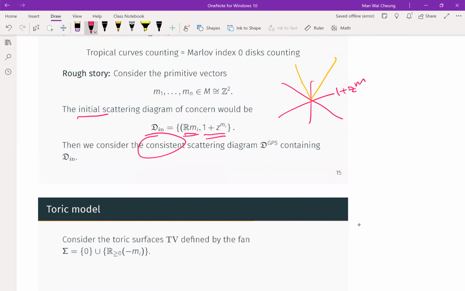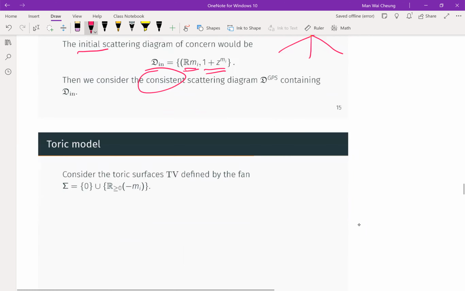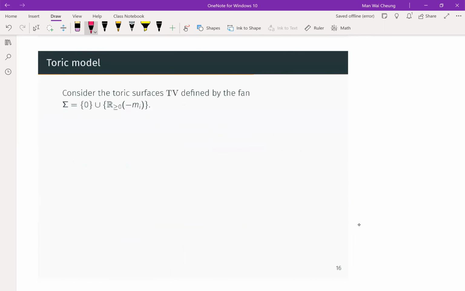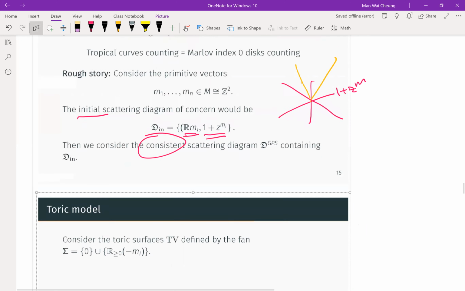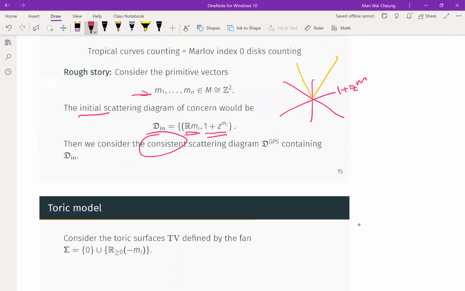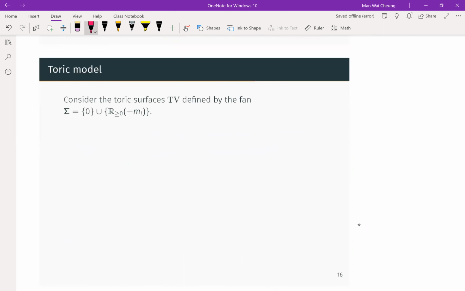But still, I'm just talking about the scattering diagram. But what surface are we counting curves on, right? So this is how we have it. Here we have a bunch of primitive vectors. We look at the toric surface defined by this fan, which is like this.